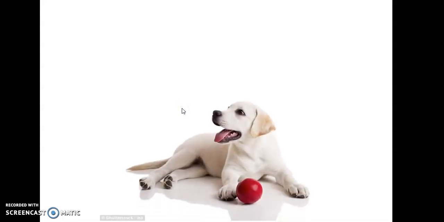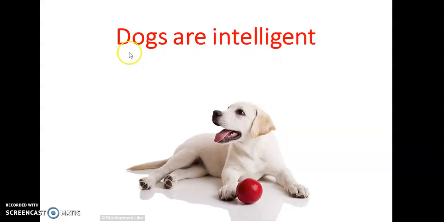So, what do you mean by ambiguous? Here one statement is there. Dogs are intelligent. You agree that this is a statement, isn't it? But some people believe this is true, but others do not. So, these types of sentences we call ambiguous statements.